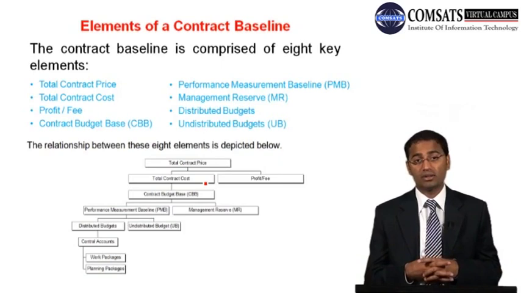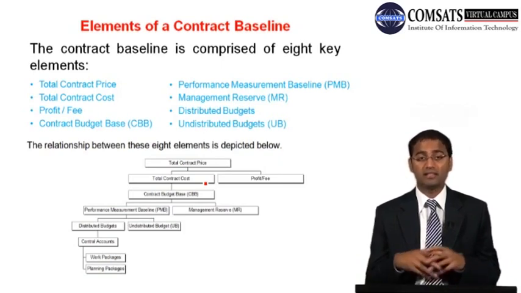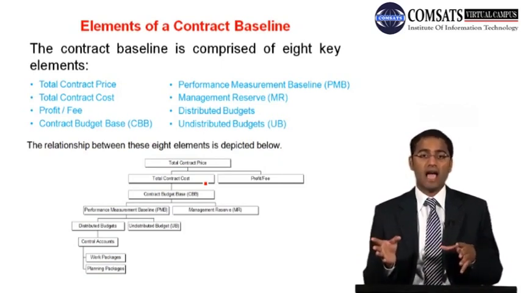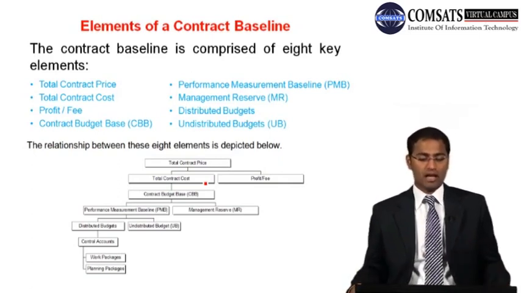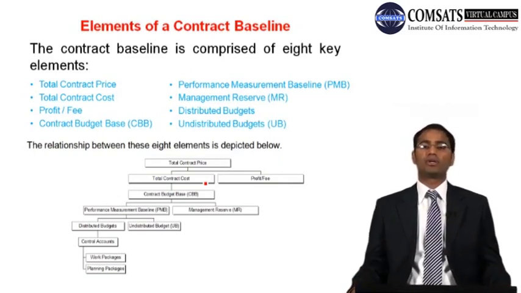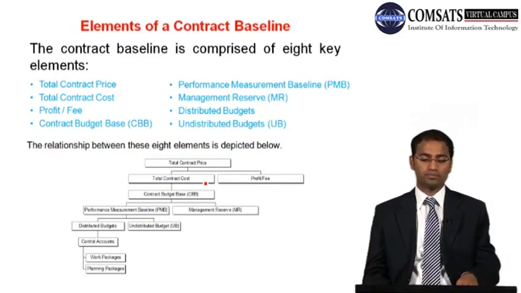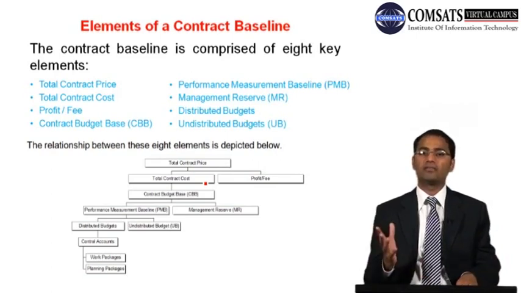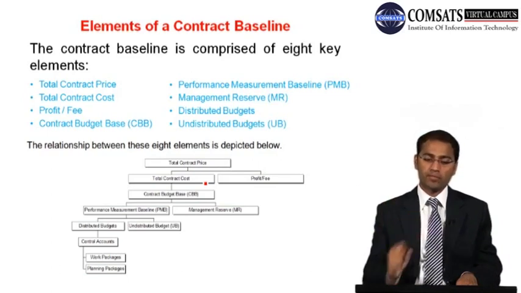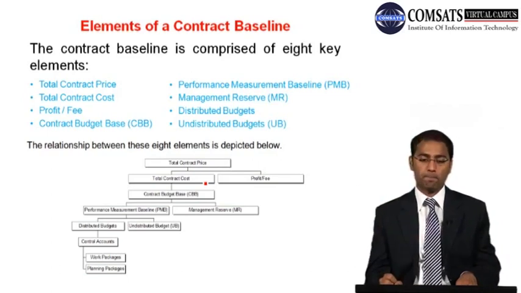So we had discussed the planning packages, the difference between planning package and work package, and we had discussed the control accounts, the control account manager, the responsibility concept in detail in relevant slides of the previous lecture. So let's start with the explanation of the elements of contract baseline.